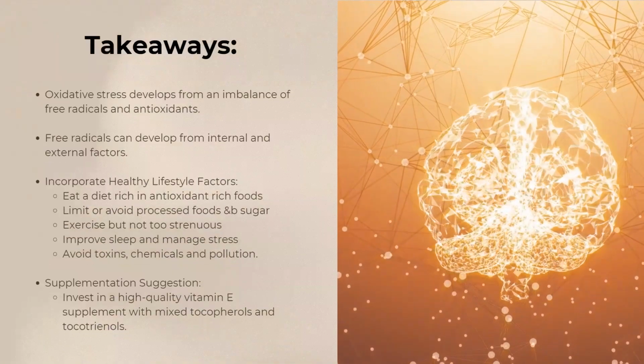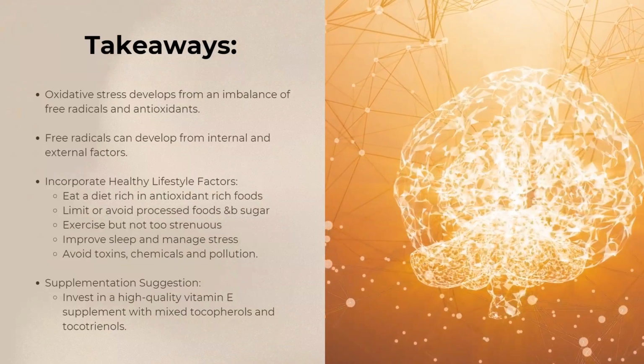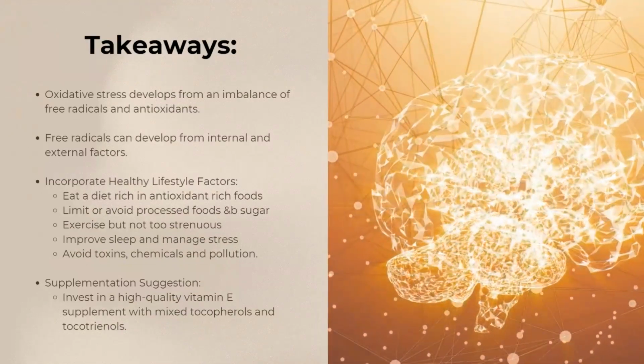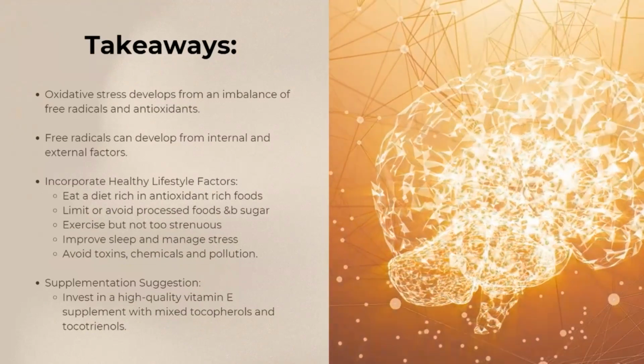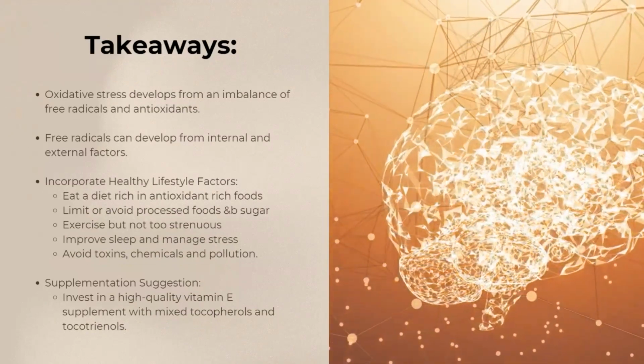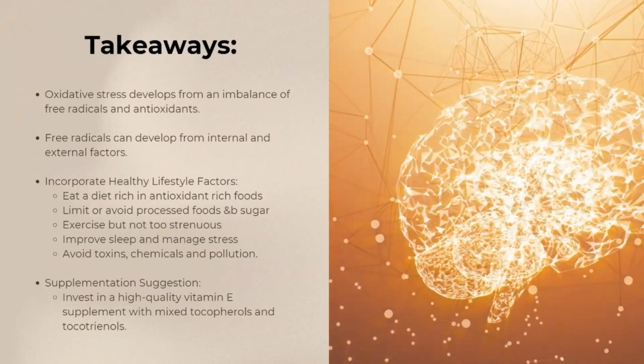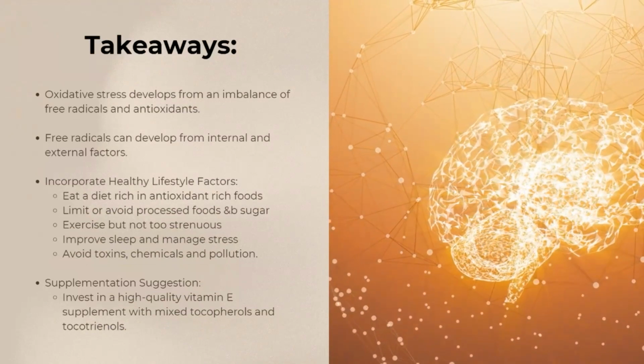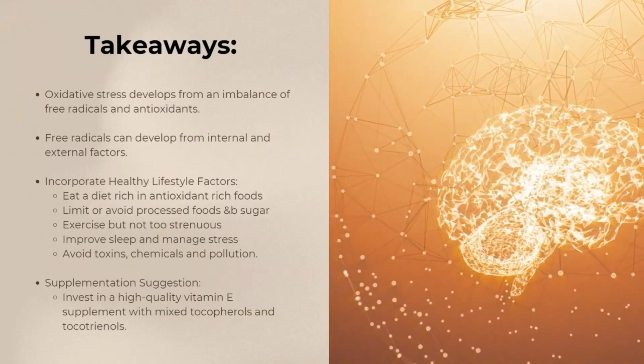So, we discussed a lot in this masterclass today, but here are your main takeaways. Oxidative stress develops when you have too many free radicals and not enough antioxidants in your body. Free radicals can be produced in the body as a result of normal metabolic processes, or they can come from external sources such as exposure to pollution or tobacco smoke.